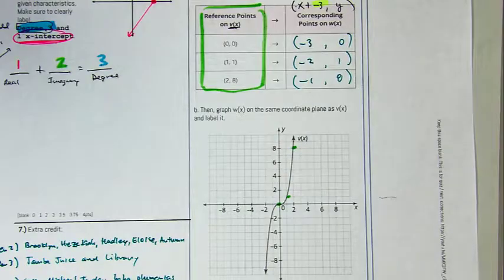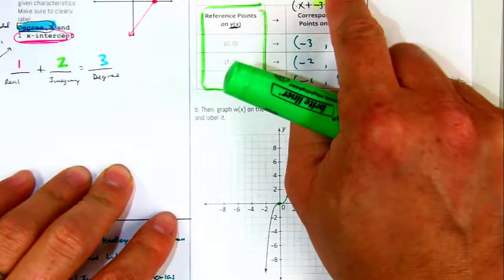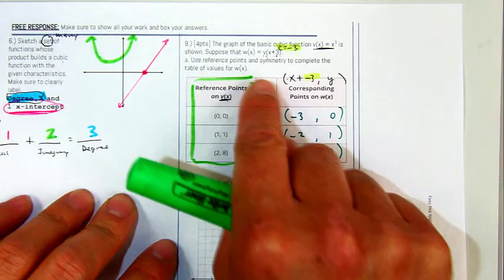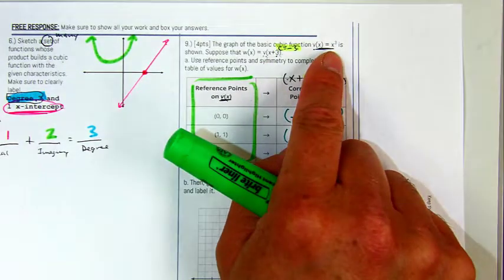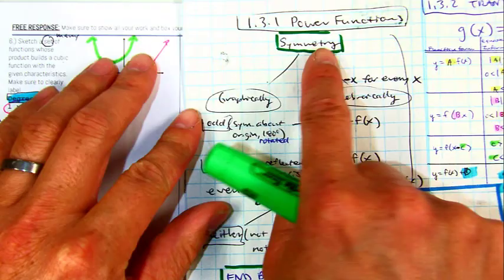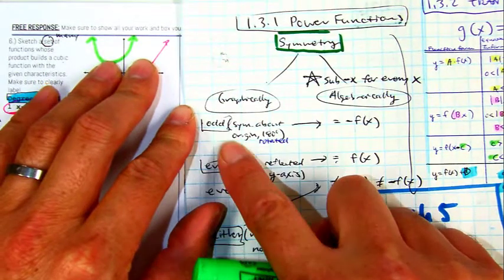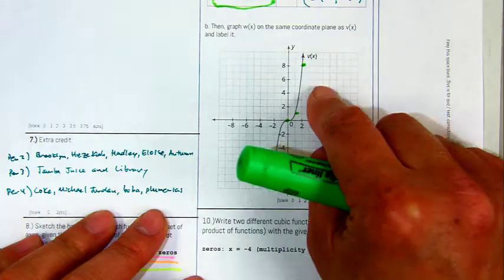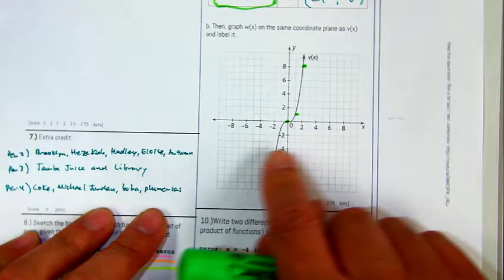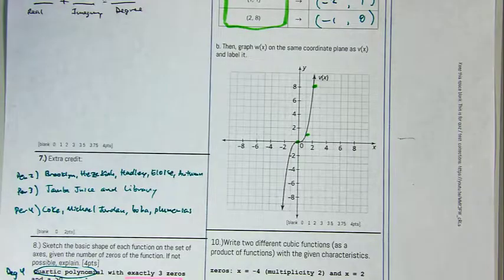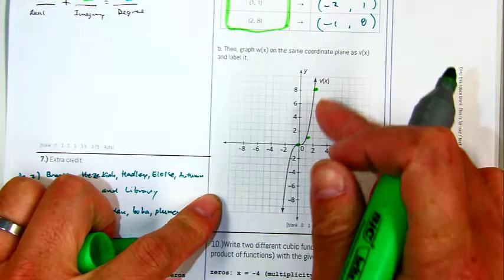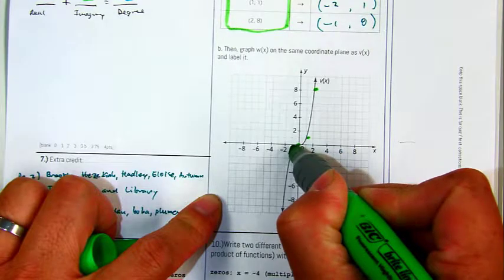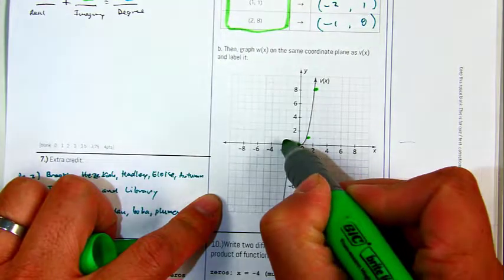And because x to the third has odd symmetry, graphically that means it's rotated 180 degrees about the origin. What does that mean? So this would be 90, and this would be 180 degrees. So let me show you symmetry to get the other 2 points here. Instead of going right 1, up 1, you would go left 1, down 1. Instead of going right 2, up 8, you're going to go left 2, down 8.